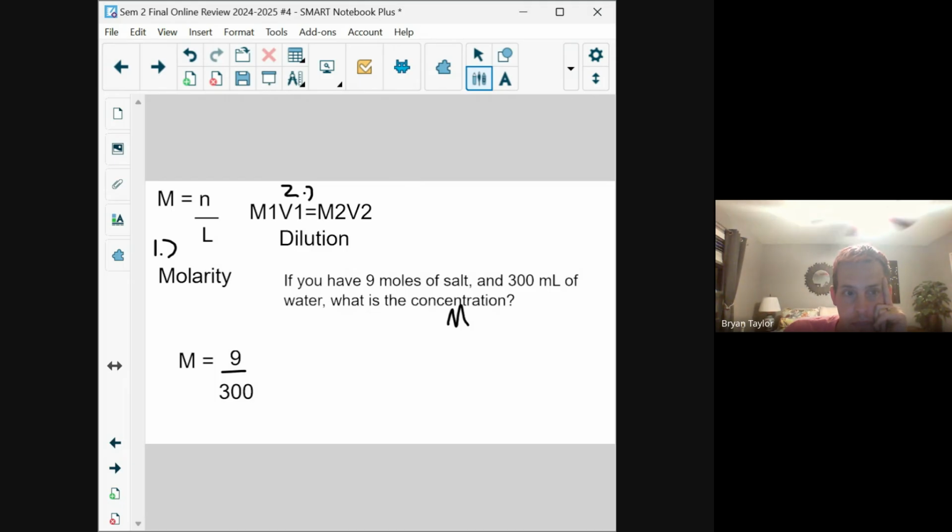Correct. This is bad. We cannot do this. So the way you go from milliliters to liters, you just divide by 1,000. So 1, 2, 3. I know it's been a while since we've done that. It's 0.3.